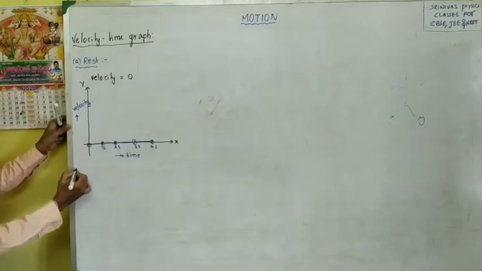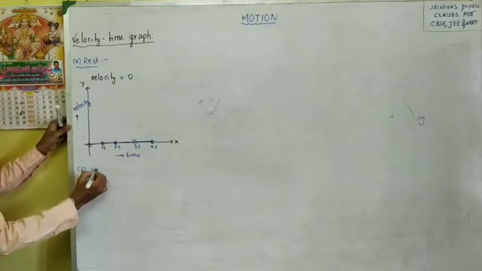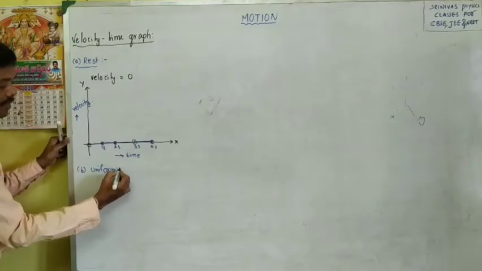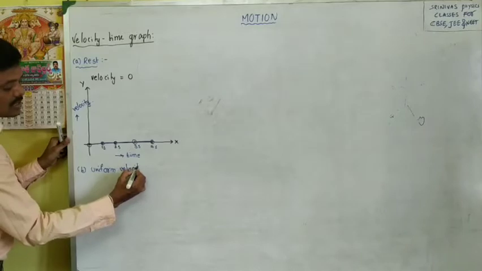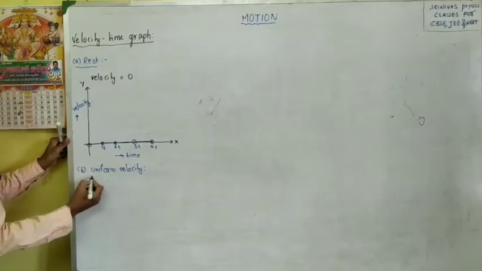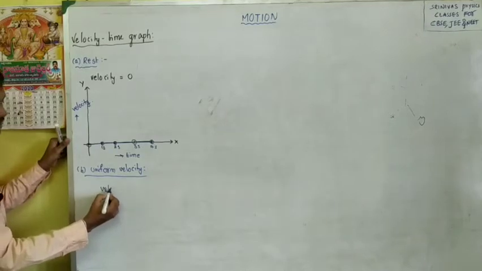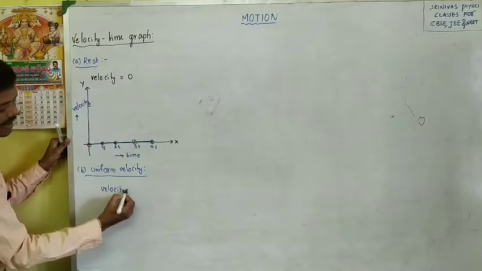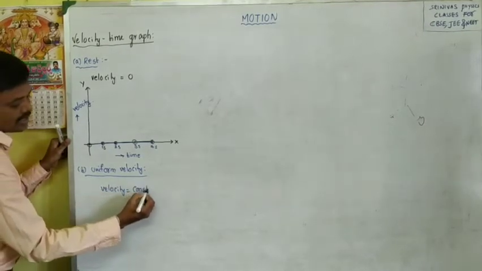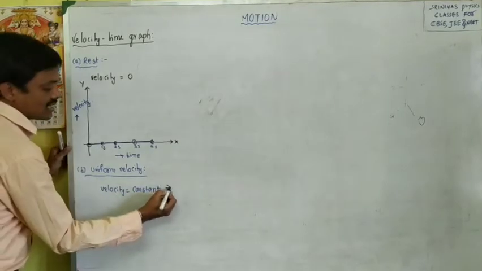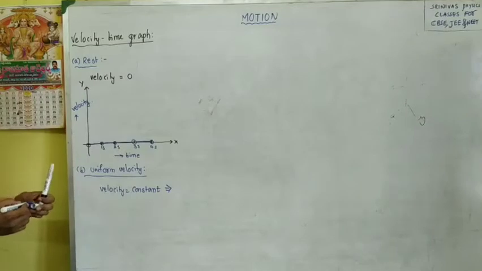And the second graph I am going to draw is for uniform velocity. What is uniform velocity? If the velocity is constant, then we say it is uniform velocity. When velocity is constant, what is the acceleration?